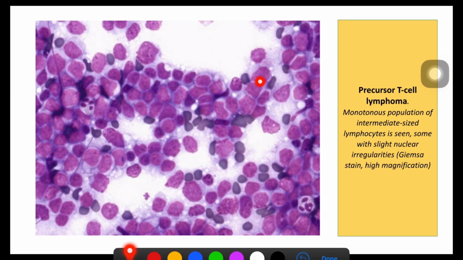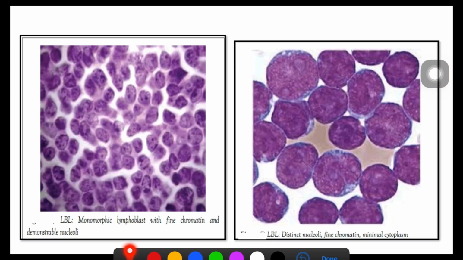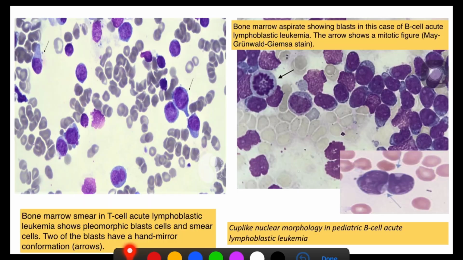Again there is fine chromatin, and nucleoli are visible in these cells, and this is the high power view where you can find distinct nucleoli. This is the picture of bone marrow and peripheral blood involvement, with minimal cytoplasm, nucleoli, and fine chromatin.